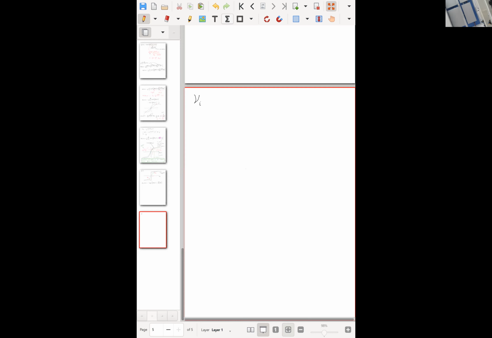Well, not quite. So nu i in equilibrium is phi of minus the sum on j of Wij nu j plus the sum on j of Jij nu j.